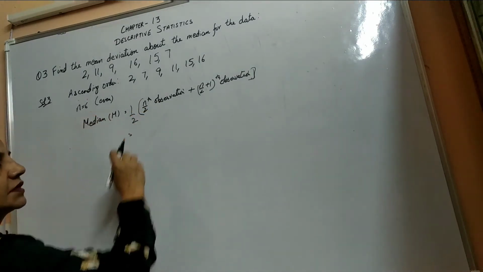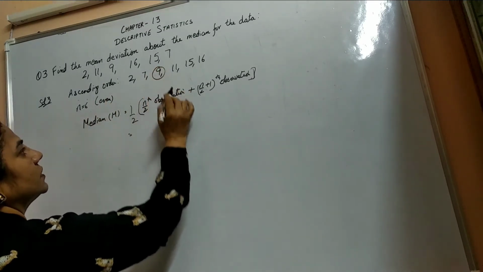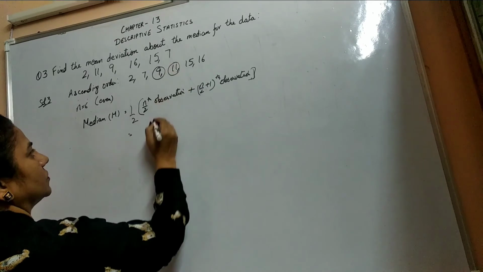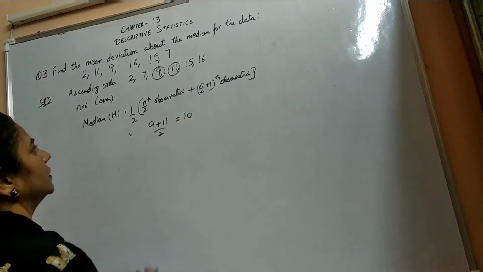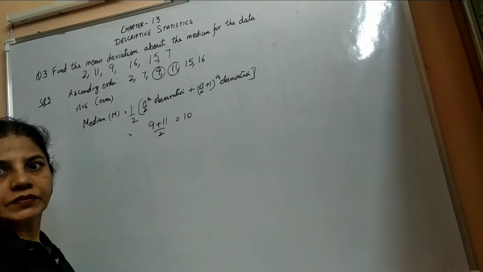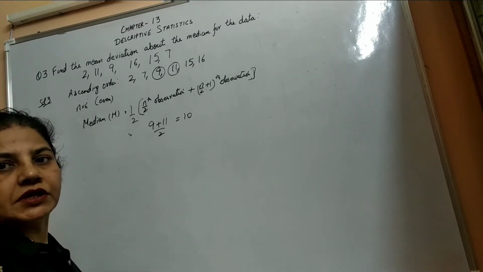N is 6, so 6 by 2 is the third observation, 1, 2, 3, and the fourth observation. So 9 plus 11 by 2, which is equal to 10. Median is 10. Now we know the median, we calculate the mean deviation about median.